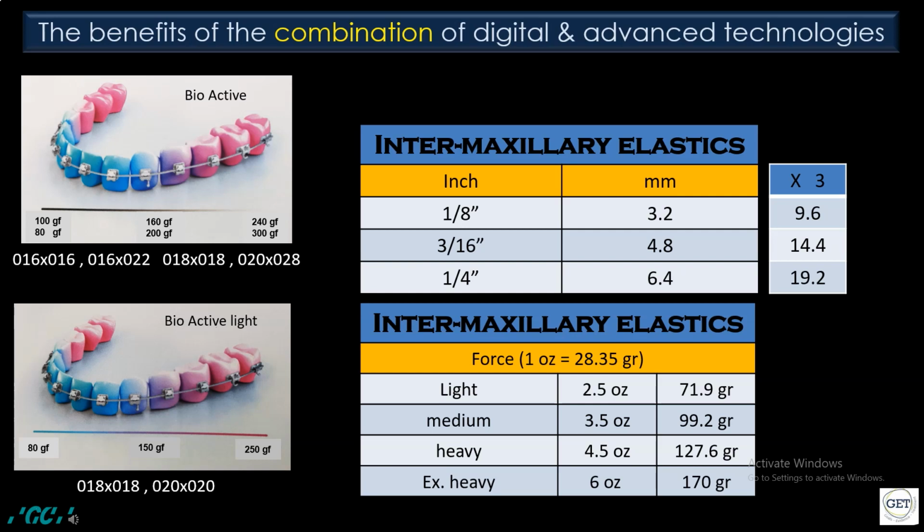When stretching 3 times of its original diameter, the elastic will exercise the mentioned force. For example, a quarter medium elastic will exercise 99 grams of force when stretched from 6.4 to 19 millimeters.